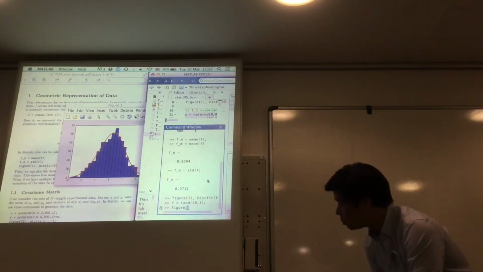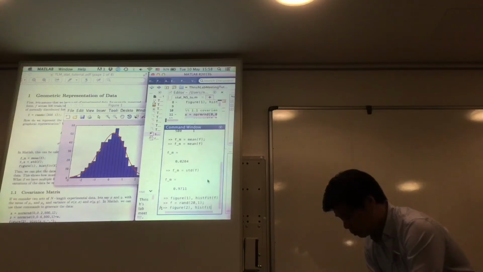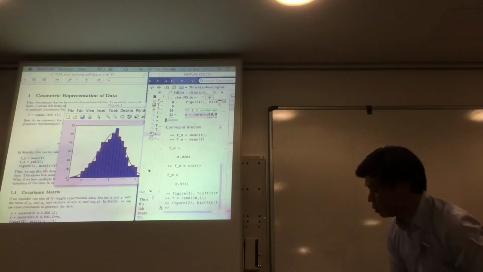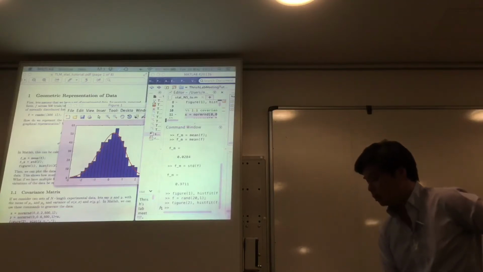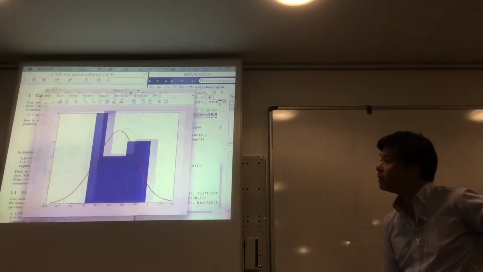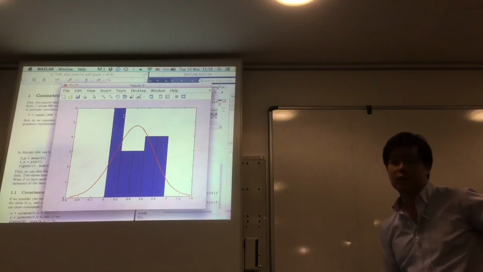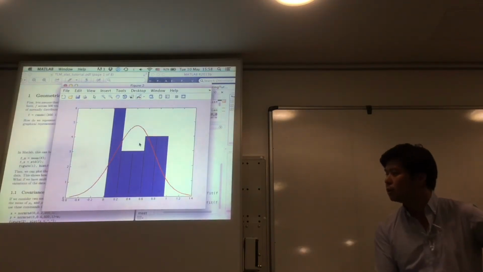The fit still fits a normal distribution, but it becomes like this, a flat thing.